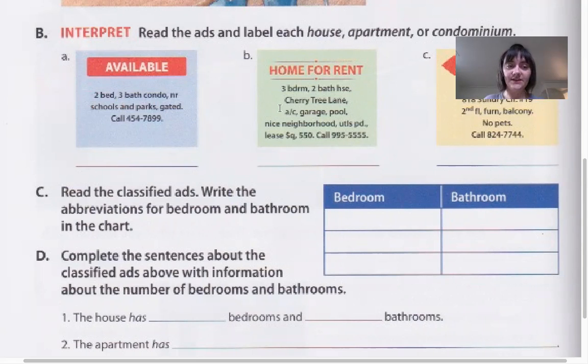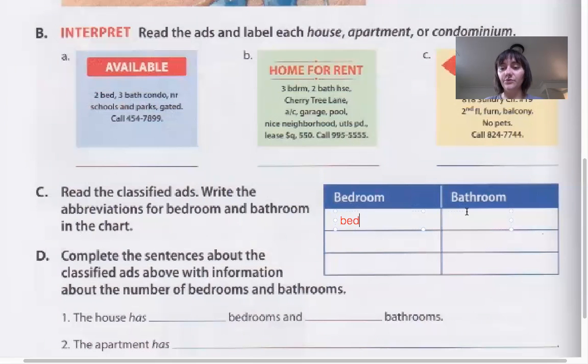In the first one, the one that says available, it says what we want for bedroom and bathroom. It says 2-bed, 3-bath. So when they say bedroom, they're saying 2-bed, it means 2 bedrooms. So it abbreviates it as just bed.